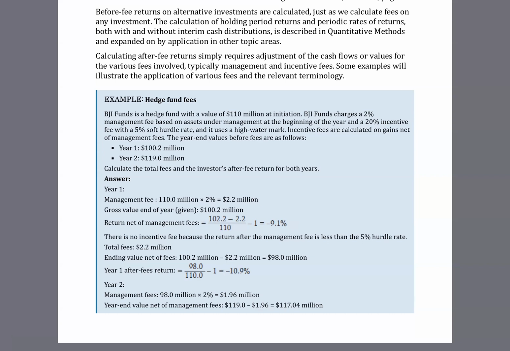You see, 102.2 minus 2.2 over 110. Okay, over 110, eh? Yes, please. So where do you think the 102 is coming from?